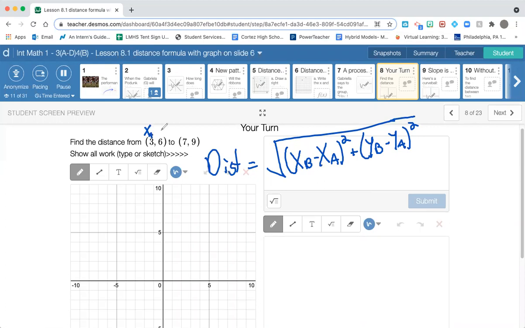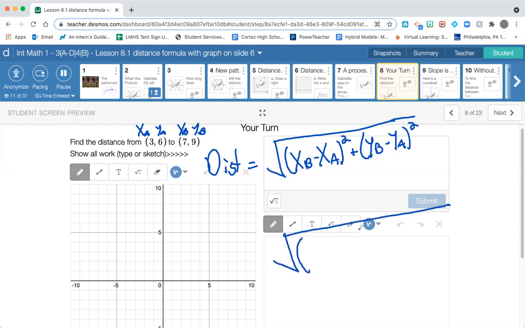So I'm going to call this point XA. I'm going to call this YA. And I'll clean it up so you can actually see it. So let's do this again. We've got XA, YA, XB, YB. So we can just plug in all those numbers that are written.